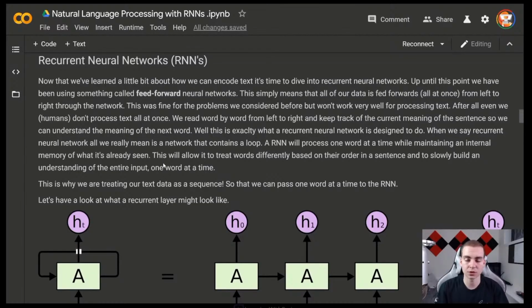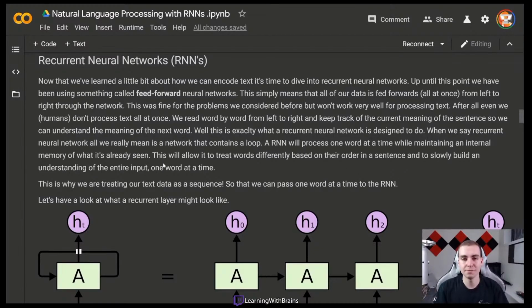Now, recurrent neural networks are the type of networks we typically use when we process textual data. You don't always have to use these, but they are just the best for natural language processing, and that's why they're kind of their own class, right? Now, the fundamental difference between a recurrent neural network and something like a dense neural network or a convolutional neural network is the fact that it contains an internal loop.